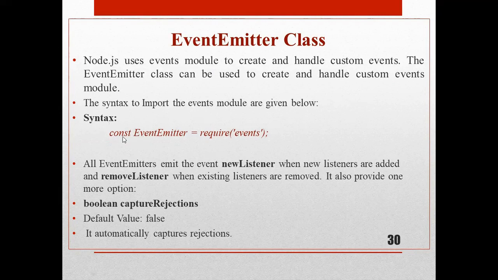See the syntax: take a constant, event emitter, equals, use the require function to import that module. Inside the brackets, pass the module name in single quotes. Here we are going to import the events module.